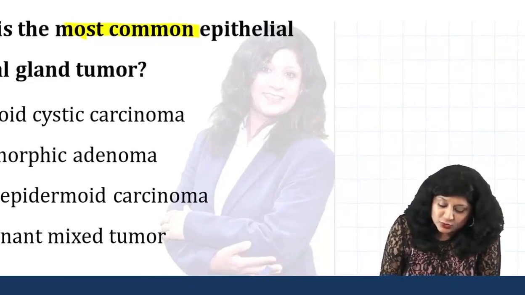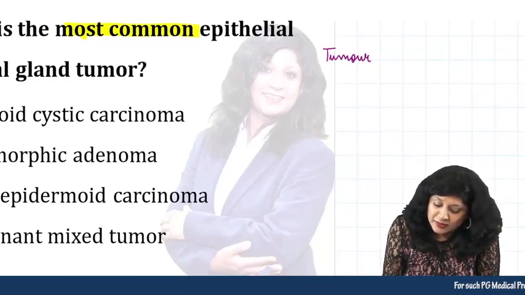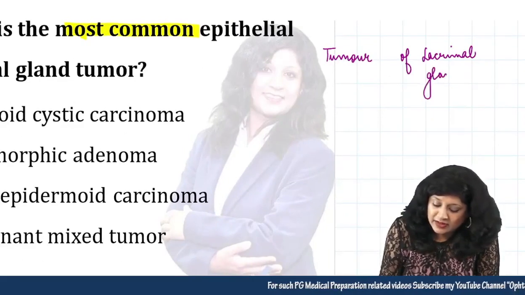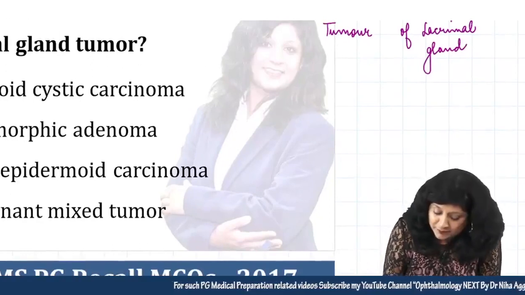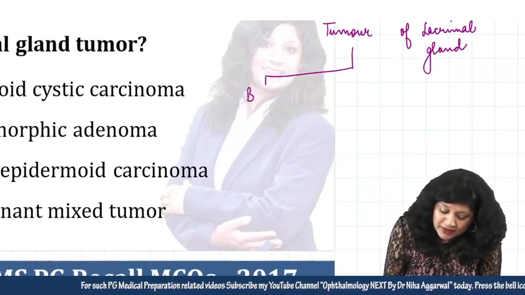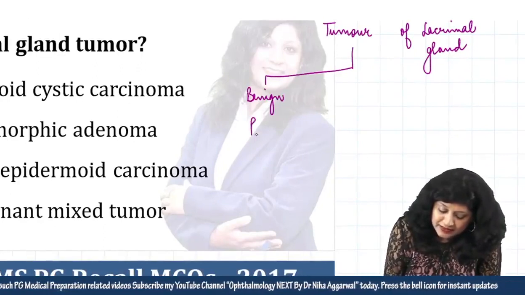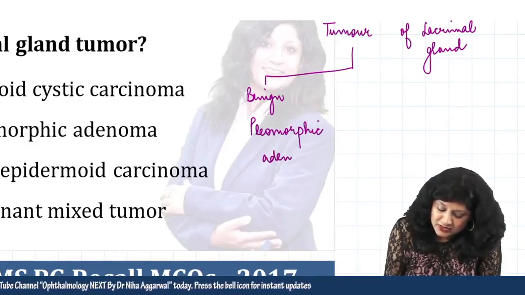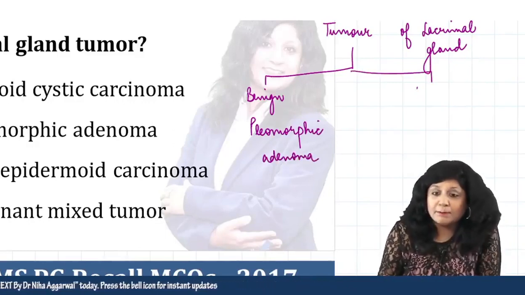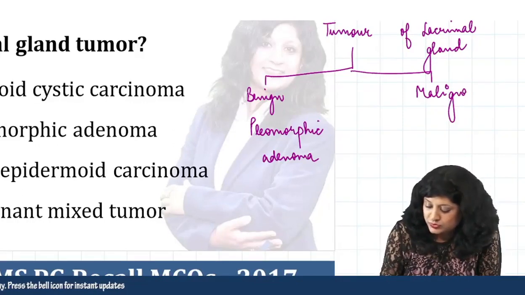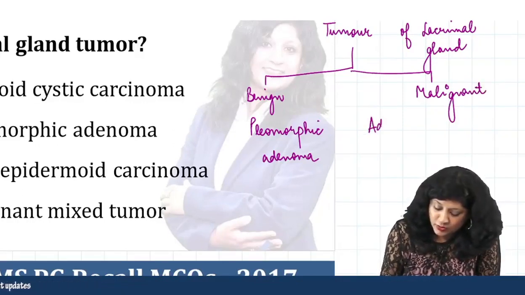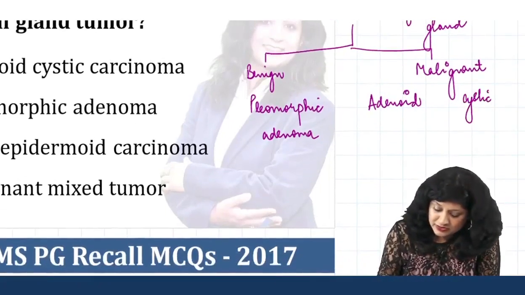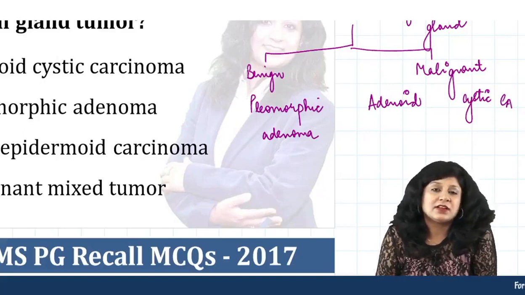Now when it comes to tumors of the lacrimal gland, you have to always remember one thing, that the most common benign is the pleomorphic adenoma, right? While the most common malignant is the adenoid cystic carcinoma.